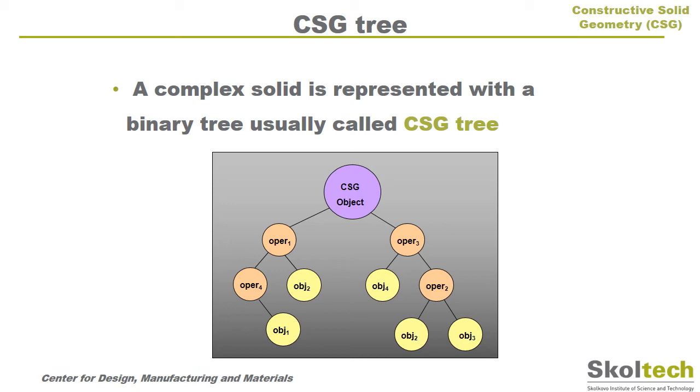The nodes contain operations and leaves contain primitives. If a node represents a linear operation, such as translation or rotation, such a node has only one child subtree, for example, operation number 4. All nodes with the set operations have two children, operations 1, 2, and 3.